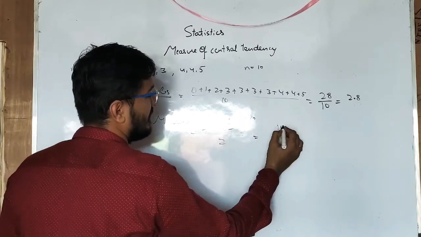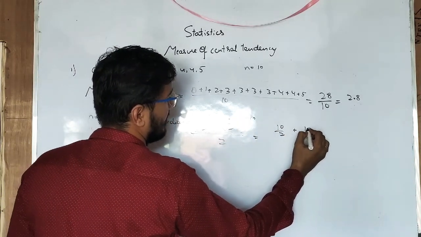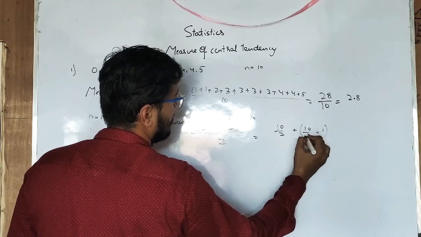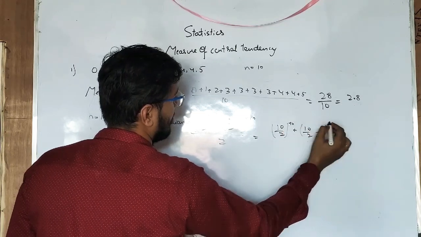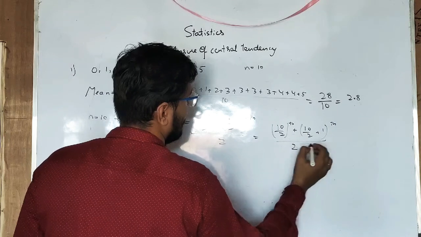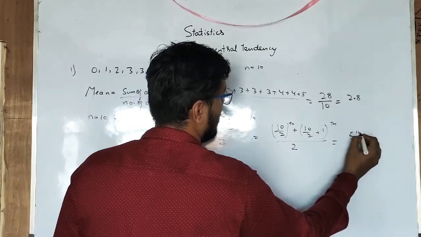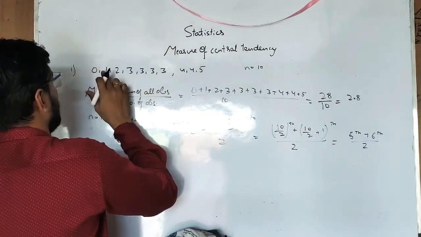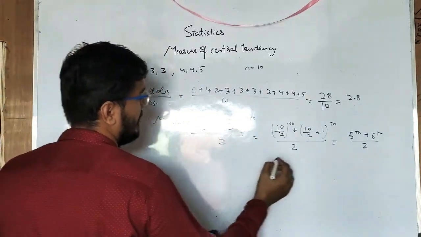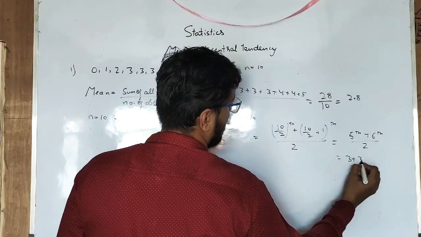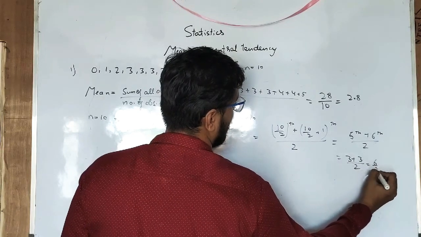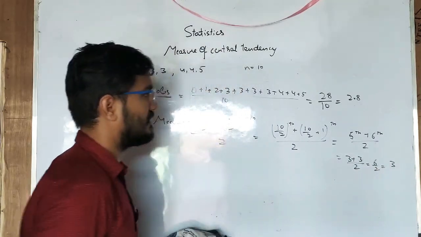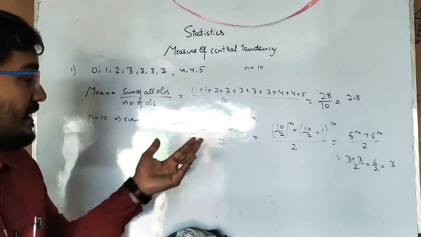With n 10, that is the fifth term plus the sixth term upon 2. The fifth term is 3 and the sixth is 3, so 3 plus 3 upon 2, 6 upon 2, which is 3. So median is 3.